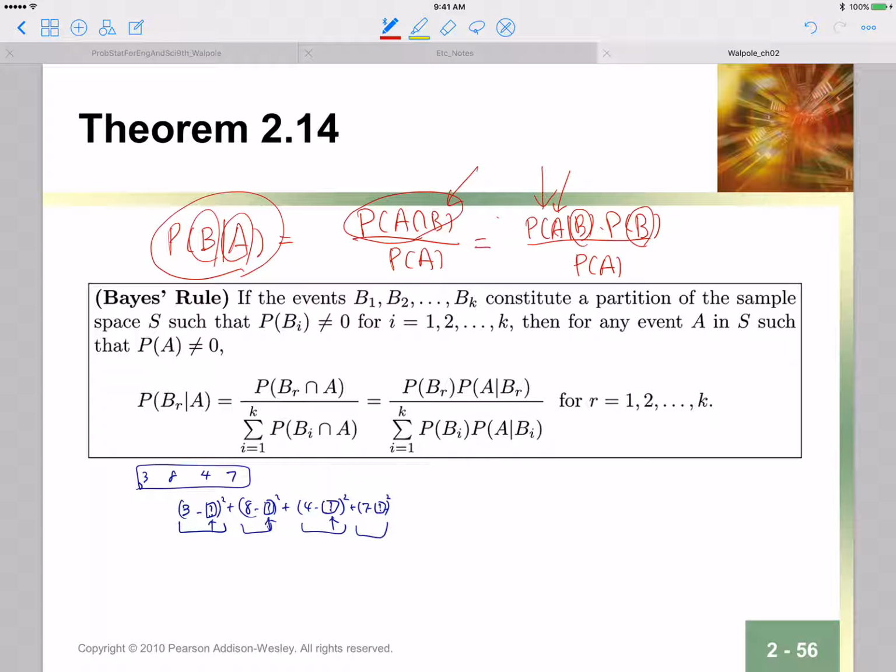Okay, and in this specific equation, what it is saying is that given A, we consider the conditional probability of B, for example, B3. Let's suppose just R equals 3, and then this conditional probability is just rewritten as B3 and A simultaneously, and then P of A, right?